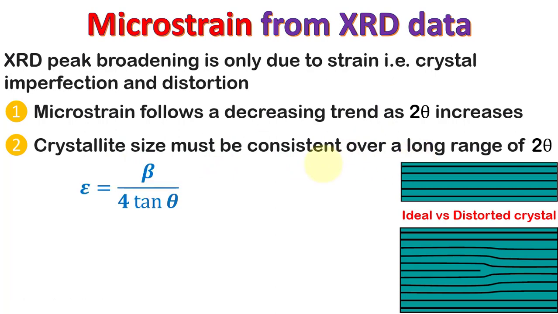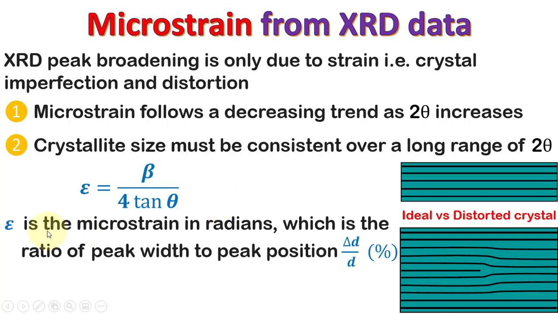We measure the microstrain by using the equation epsilon equals beta over 4 tan theta. Here in this equation, epsilon is the microstrain in radians. As on this side, we have beta, which is in radians, and 4 tan theta is a dimensionless quantity, so microstrain is also defined as the ratio of peak width to peak position, delta d over d.